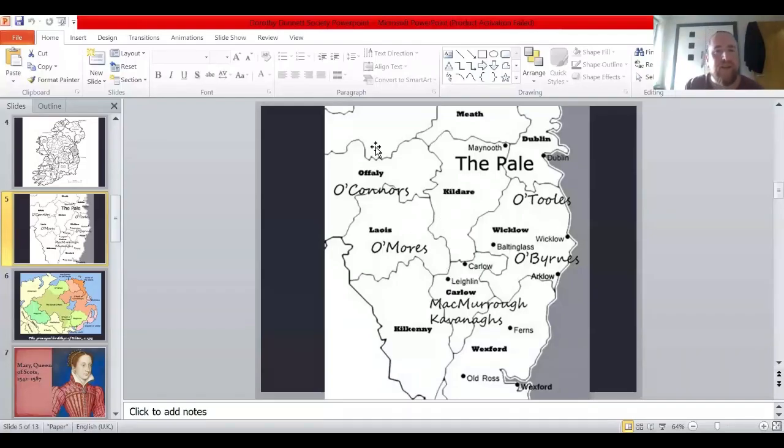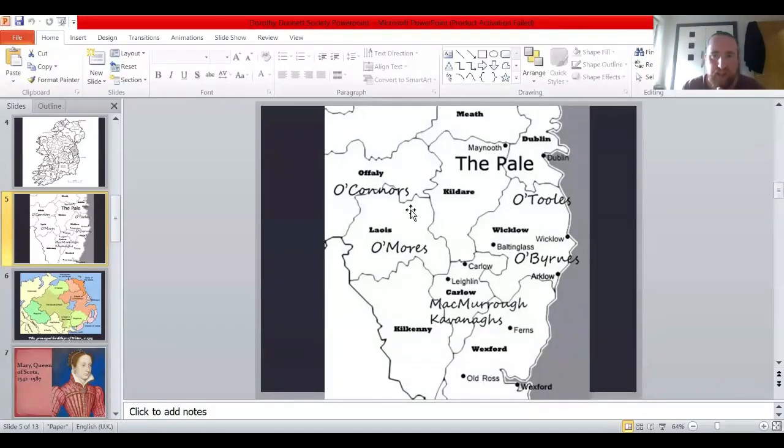But the O'Connors are here, the O'Moores are here, the Pale is here, and these papers in 1536 are talking about 5 different lordships: the O'Tooles, the O'Byrnes, the McMurrough-Kavanaghs, and then the O'Moores and the O'Connors.